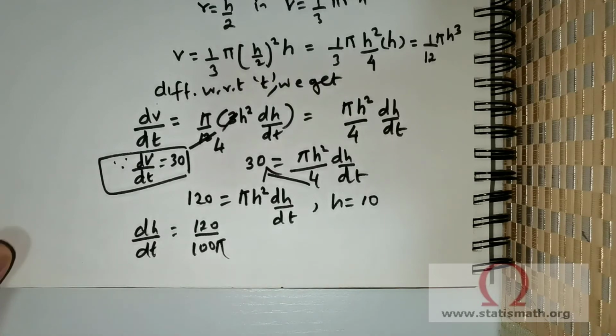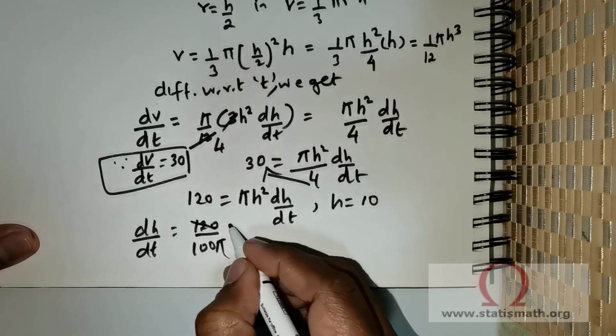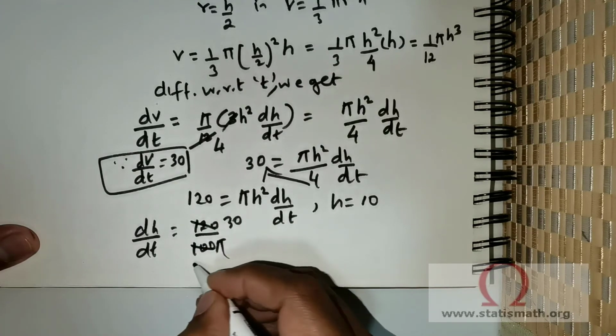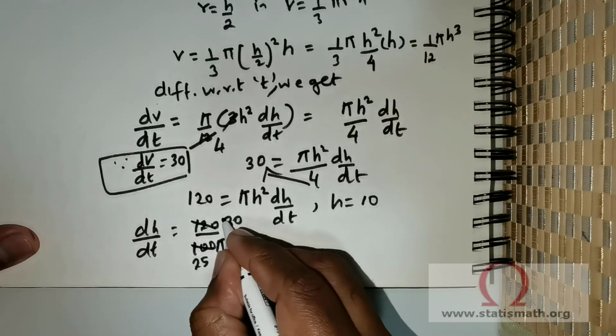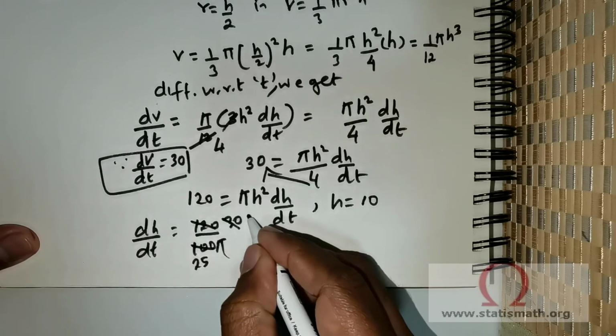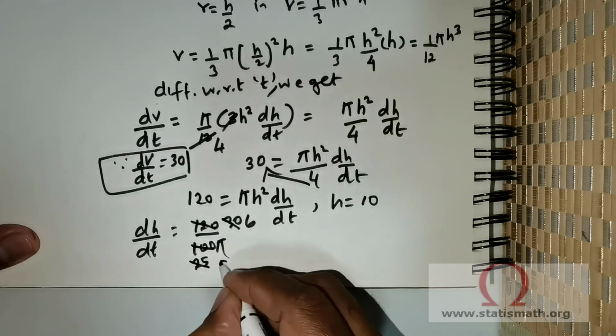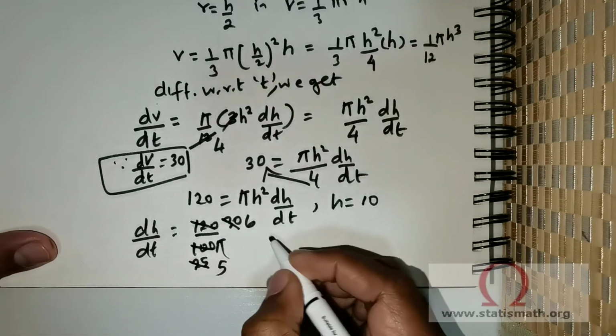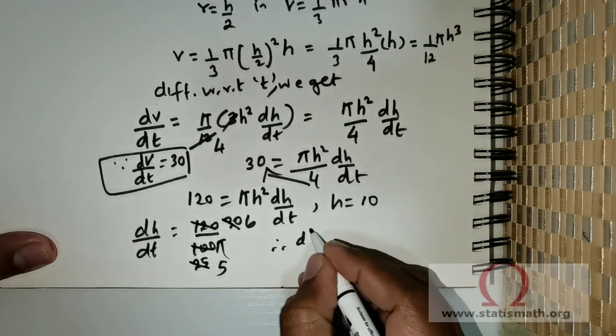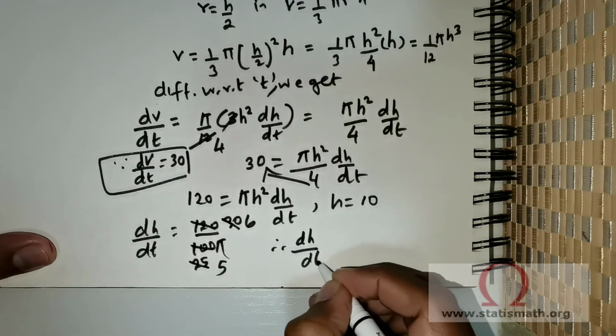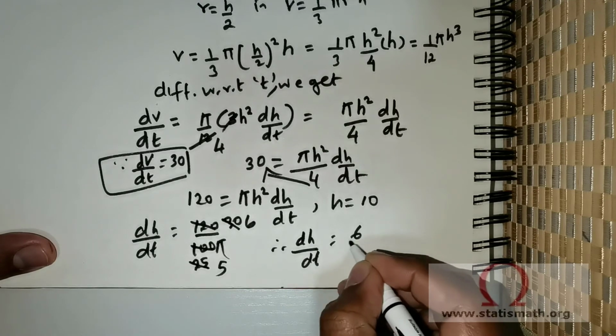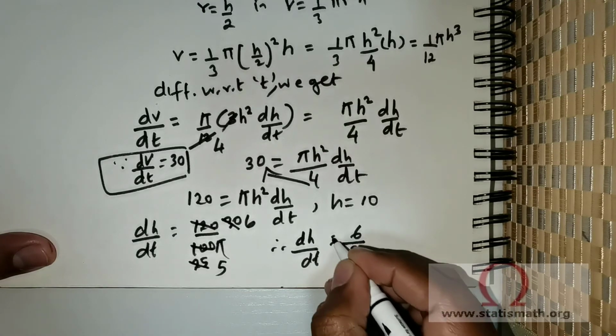This can be further reduced by 4. 4 divides 120 thirty times, 4 divides 100 twenty-five times, and 5 divides 30 six times, 5 divides 25 five times. Therefore dh over dt is equal to 6 over 5.